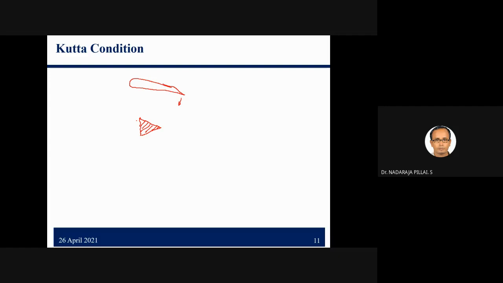The trailing edge can be finite. If the trailing edge is finite, then one can write like this. Say this is V2 and this is V1, and this is the point A. So at point A, V1 is equal to V2. Now what happens if the trailing edge is cusped?